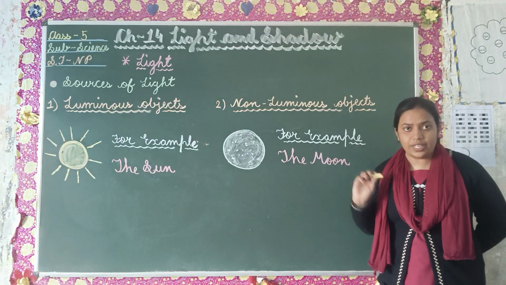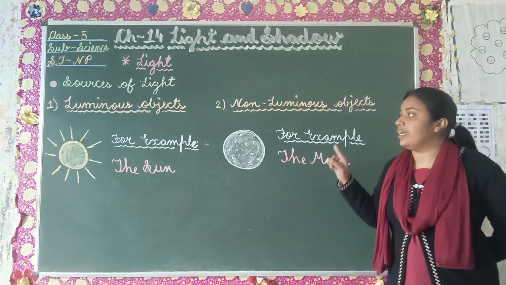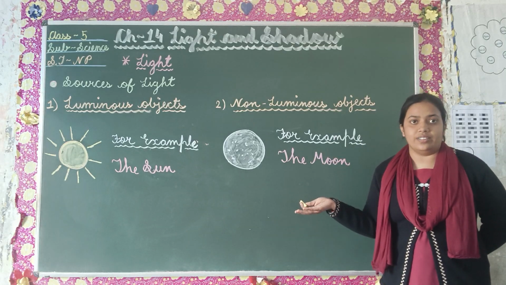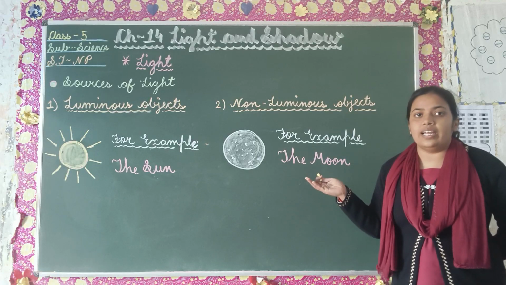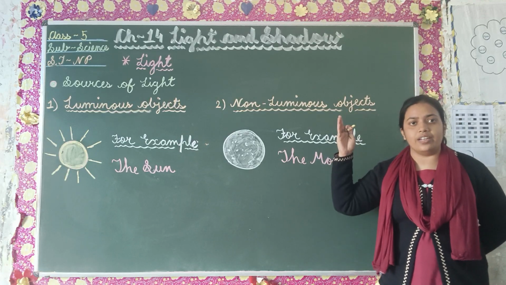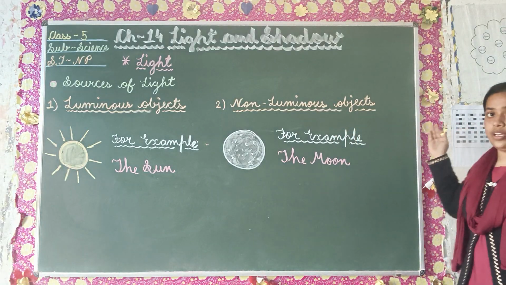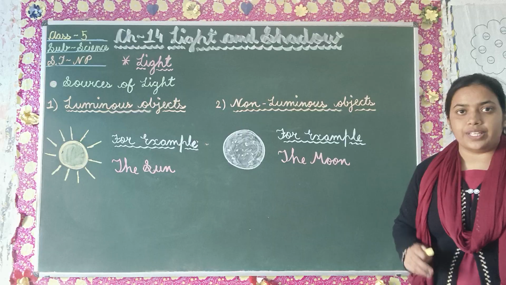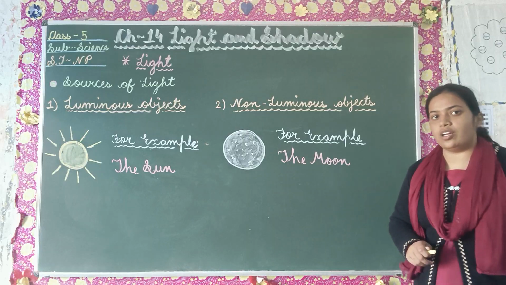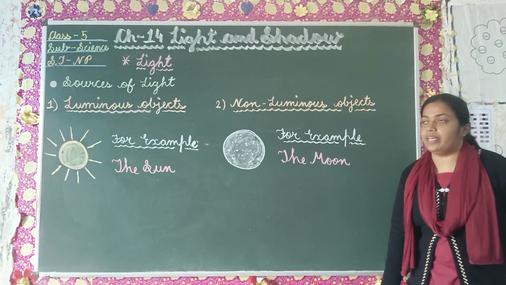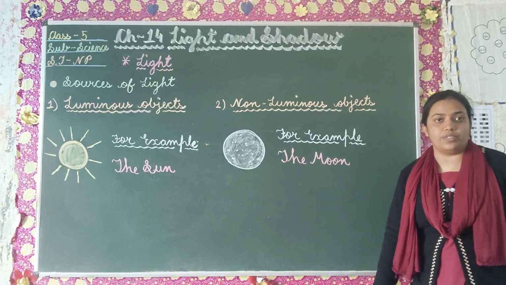Is this a luminous object? No. It is a non-luminous object because it has no light. Similarly, in your classroom, your desk, window, fan, and this wall also. At your home, you have so many things. Your book. Is it luminous or non-luminous? Yes, it will be non-luminous.